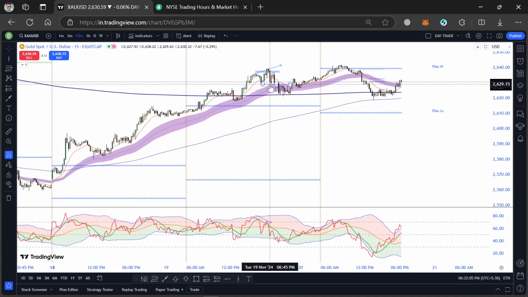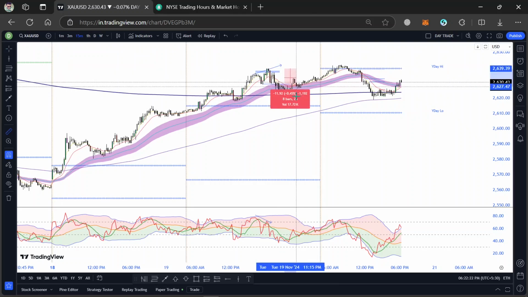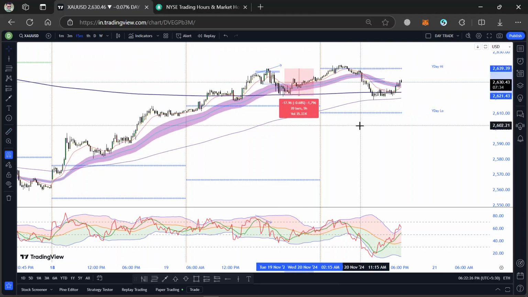If you are shorting this market, you can definitely short it, and it did go lower, but it did not go far enough to make a profit out of it. As you can see, the market has gone almost, let me show you how many pips it has gone, 170 to 180 pips downside.